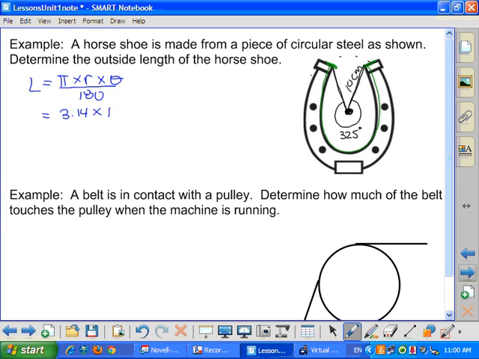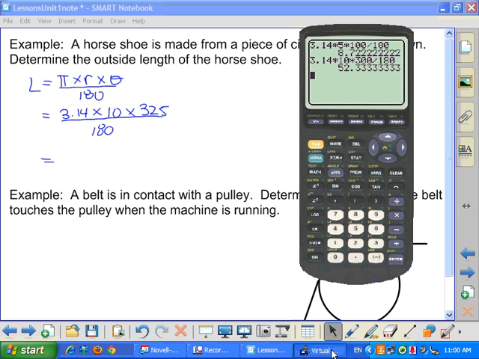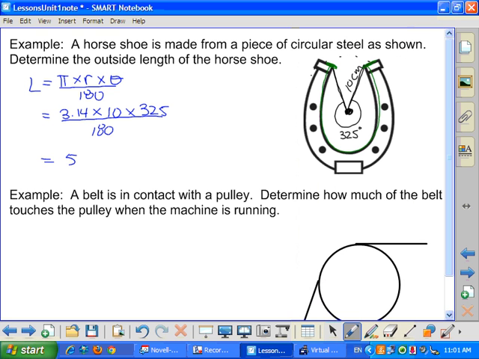3.14 multiplied by the radius, which is 10, and the angle is 325 divided by 180. Using our calculators, 3.14 multiplied by 10 multiplied by 325 divided by 180 would give us 56.7. So 56.7 meters.